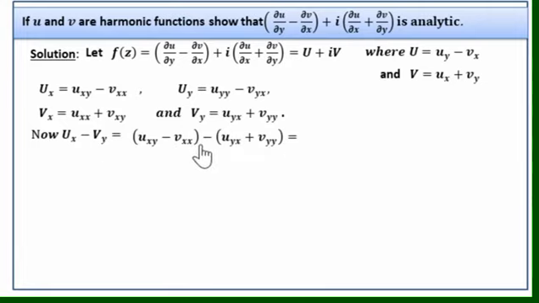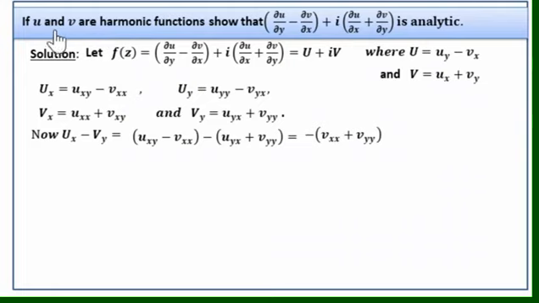So now here uxy and here we have minus uyx, and in general these two partial derivatives are equal. So uxy is equal to uyx. So uxy minus uyx is 0. Then we have minus vxx minus vyy, or we can write minus of vxx plus vyy. And given u and v are harmonic functions, so u and v satisfy the Laplace equation.